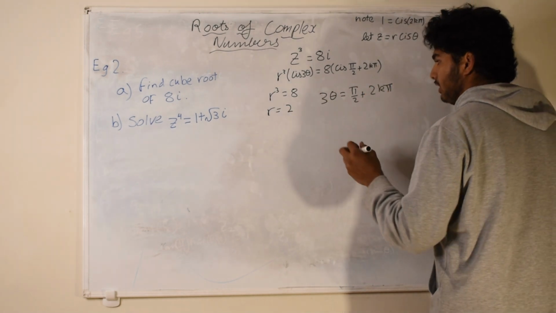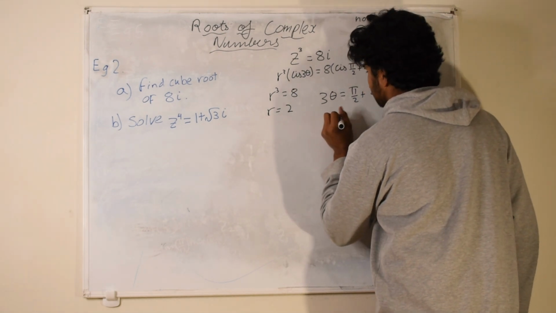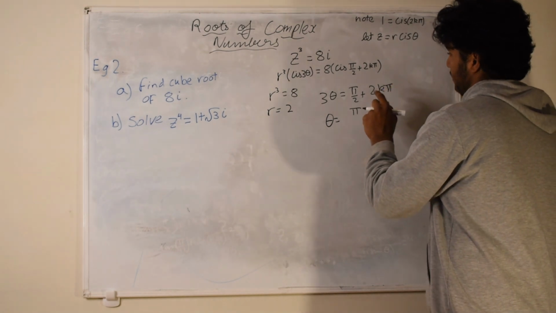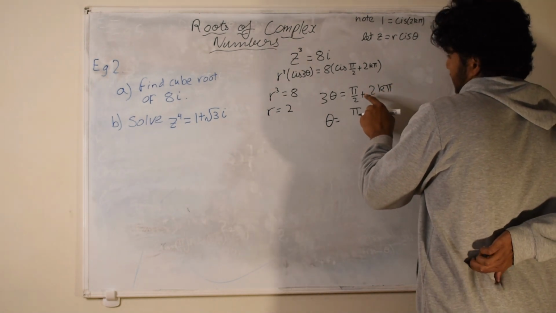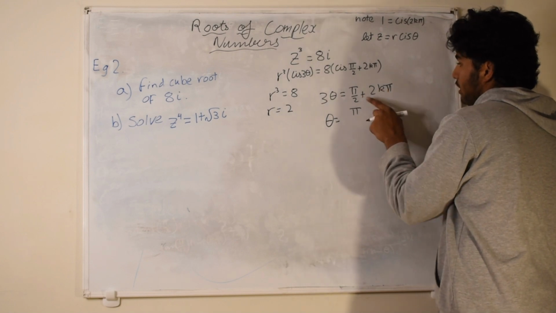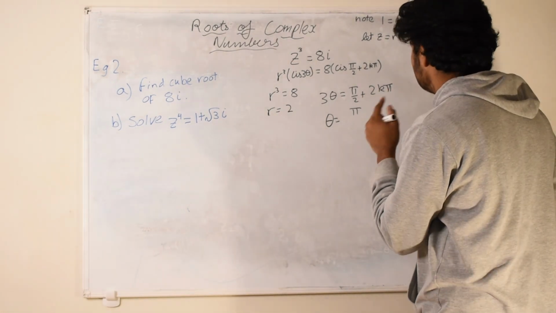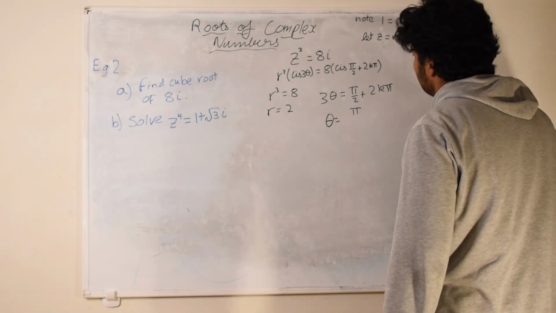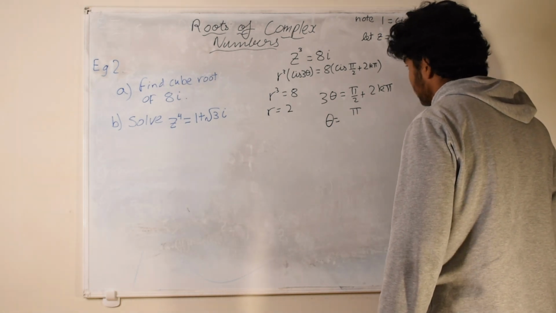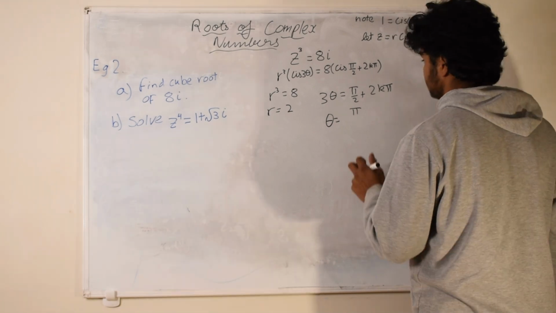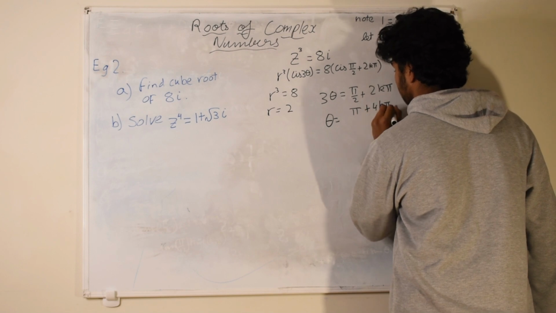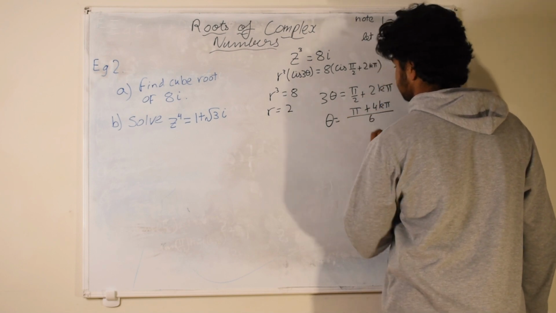Divide both sides by 3. We get theta is then pi upon 6 plus 2k pi all upon 3. Multiplying that by 2, we get pi plus 4k pi upon 6, so we get pi plus 4k pi all upon 6.